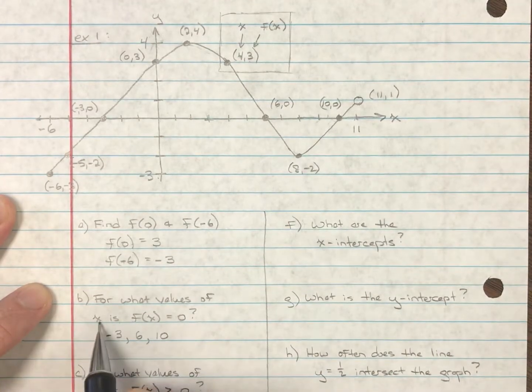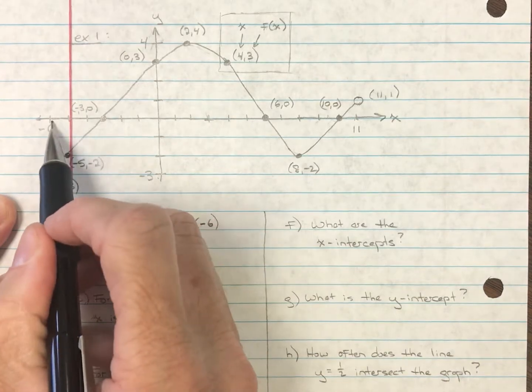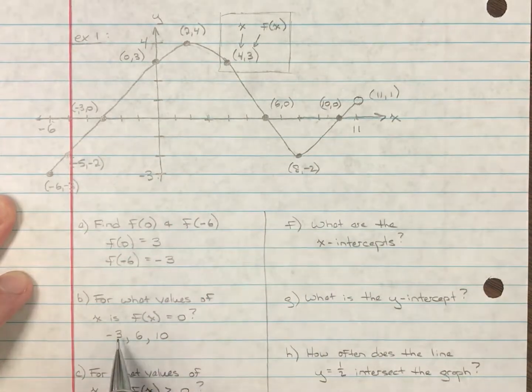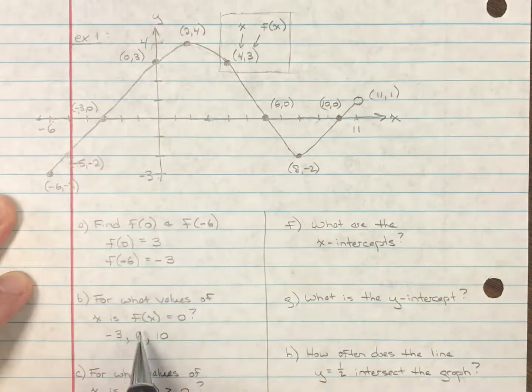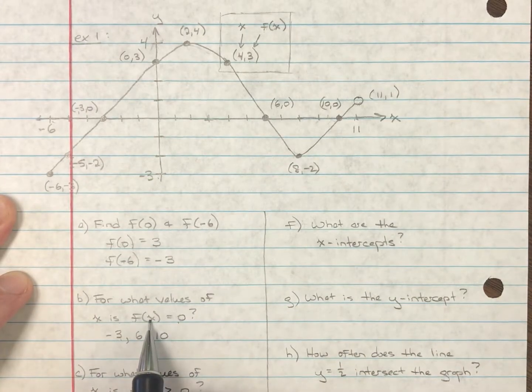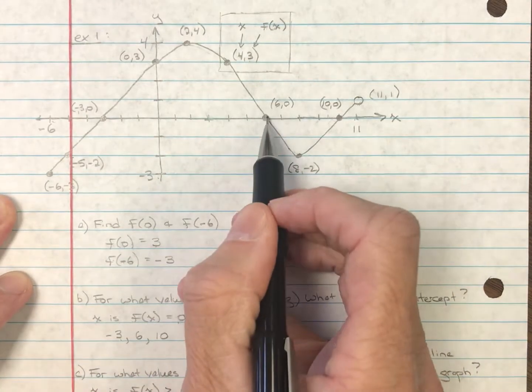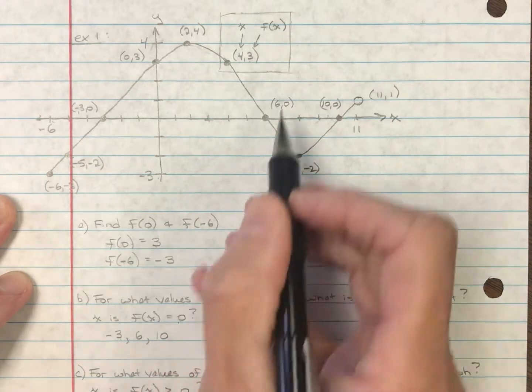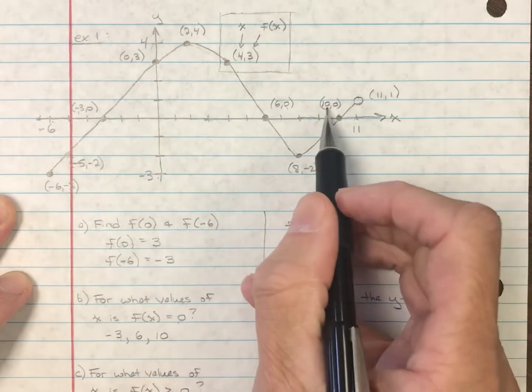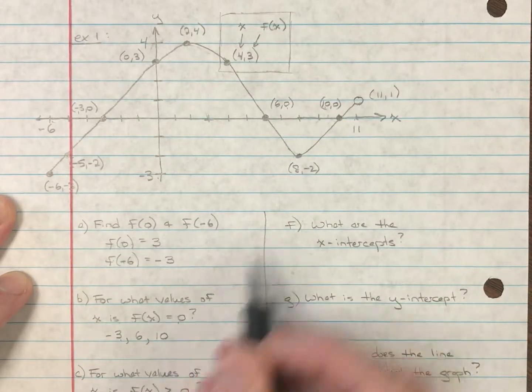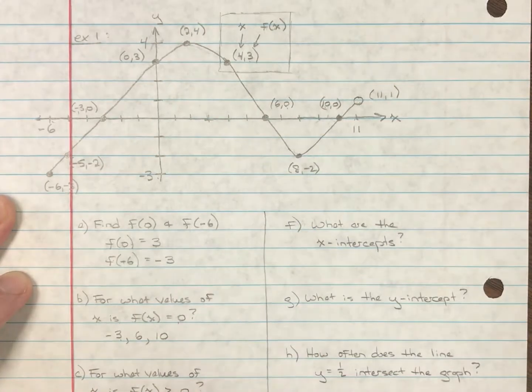So I have three values of x: -3, 6, and 10. If I put -3 in here, 0 comes out. If I put 6 in for x, 0 comes out. If I put 10 in for x, 0 comes out.